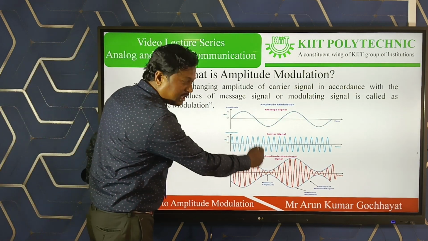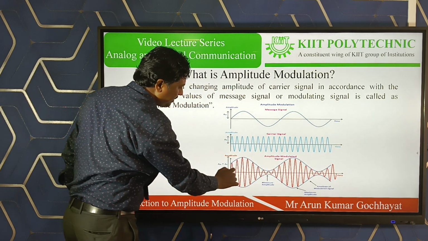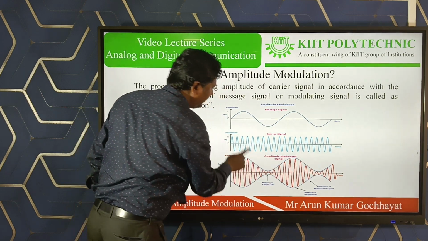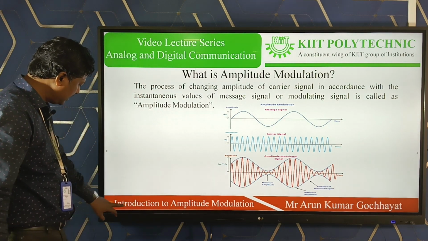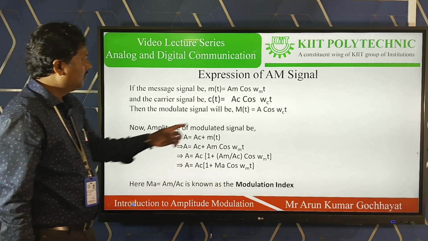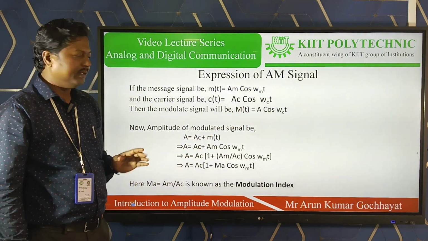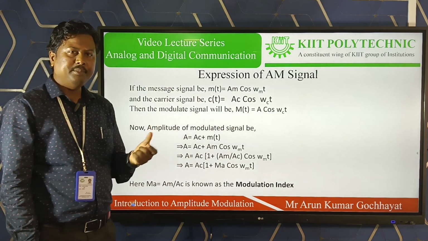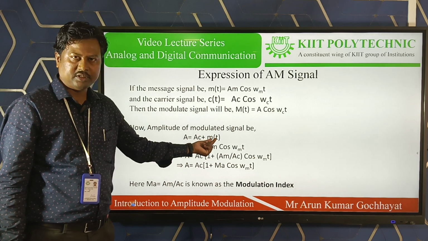Frequency means number of cycles per second. So the number of cycles per unit time is the same in both cases, in case of the carrier and in case of your modulated signal. So this new modulated amplitude can be obtained by the combination of the unmodulated amplitude with the message.